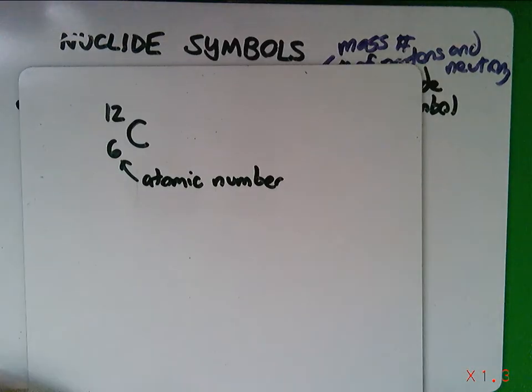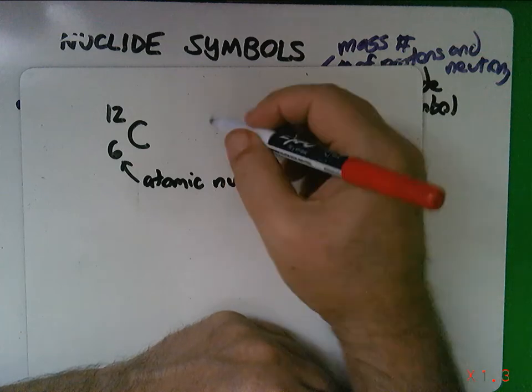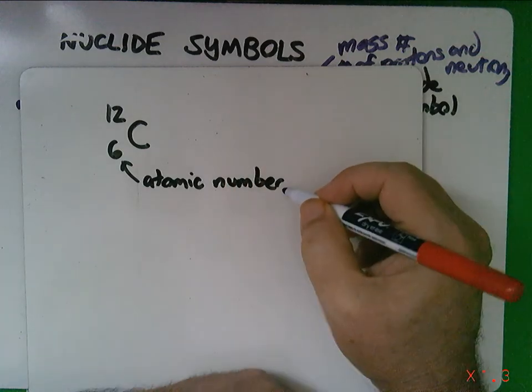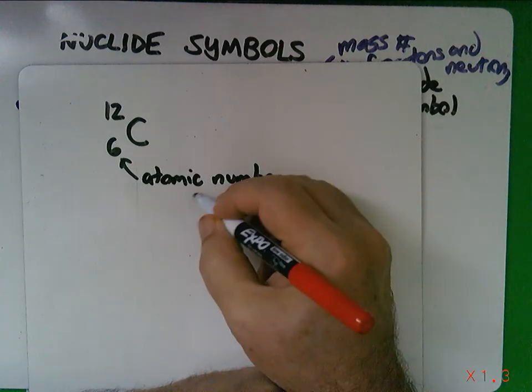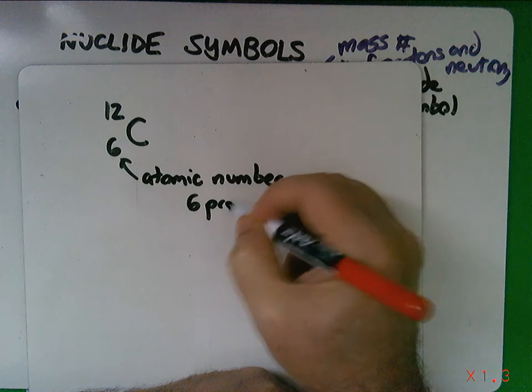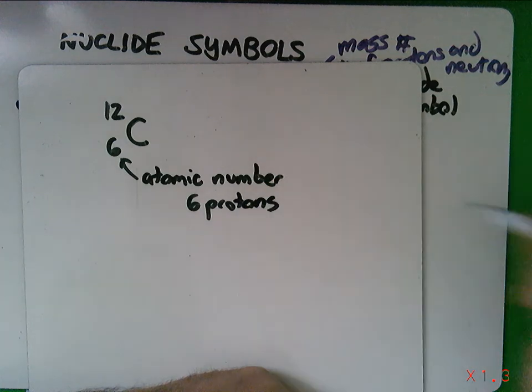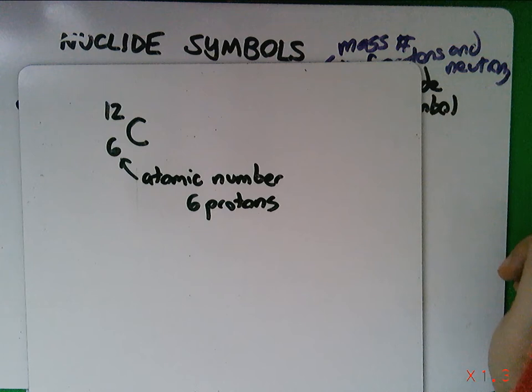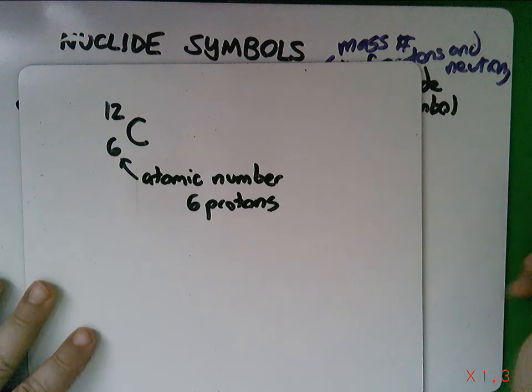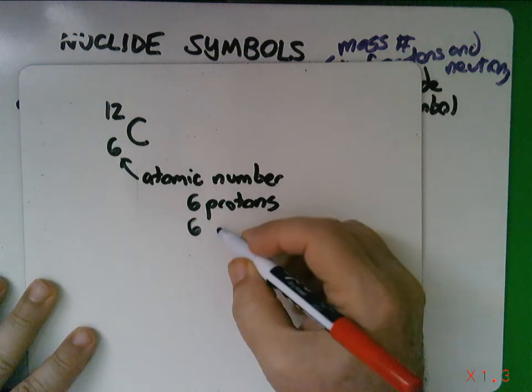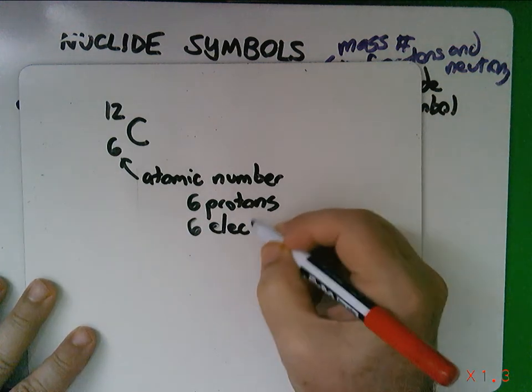So, if I know the atomic number is 6, that means that there are 6 protons. And since in a neutral atom, the number of electrons has to be the same as the number of protons, I also know from that 6 down there how many electrons there are.